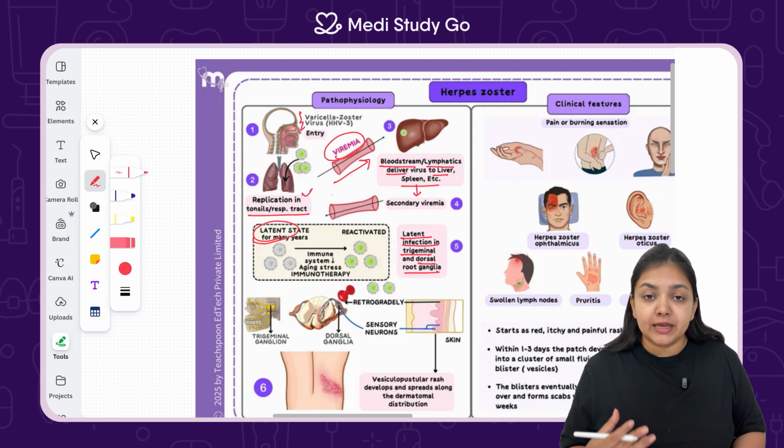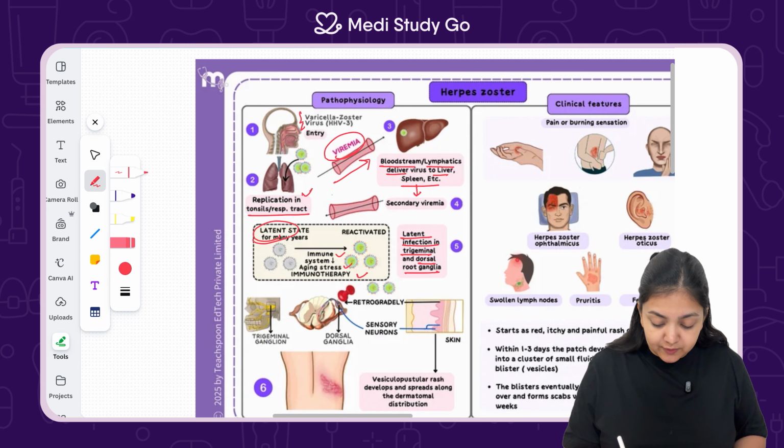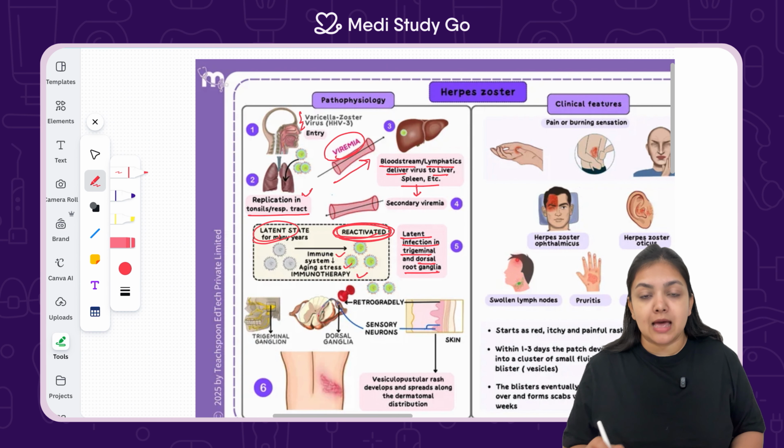Now, when the age increases, the patient becomes old, or the immune system decreases, aging is present, stress is present, or immunotherapy is going on for some other disease where the immunity decreases for the patient, reactivation of this virus happens.